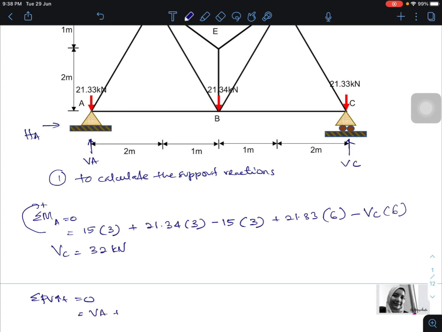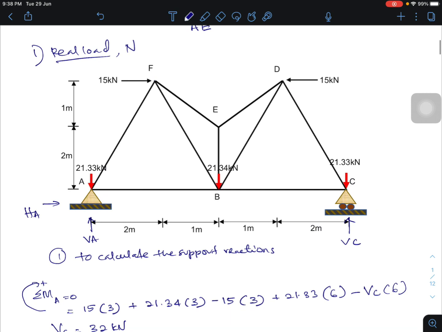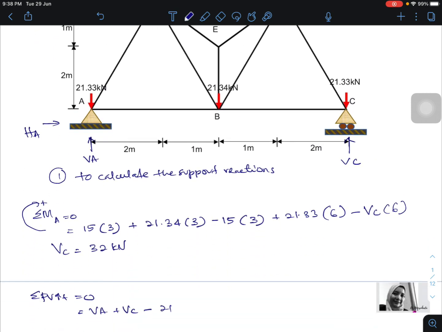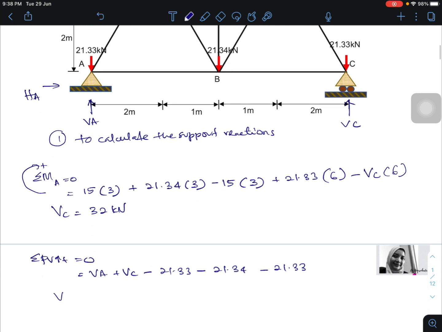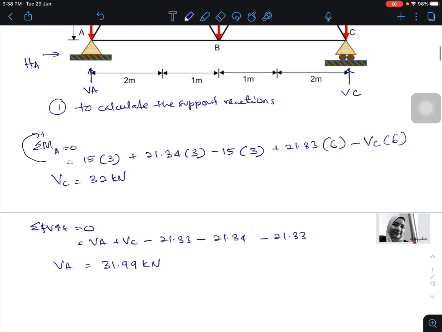So VA plus VC minus 21.33 at joint A, minus 21.34 at joint B, and minus 21.33 at joint C. So VA equals 31.99 kilonewton.